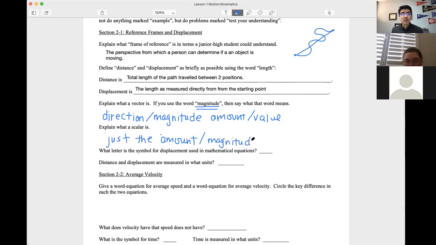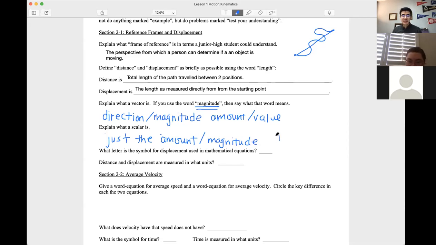So in your experience with physics, what are some concepts that are vectors and what are some concepts that are just scalars? A scalar might be like weight. Weight is actually a vector. Time? Time is a scalar, right? Because there's no such thing as negative 3 seconds. We can't go backwards in time.